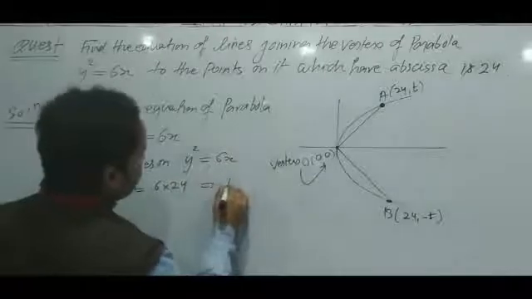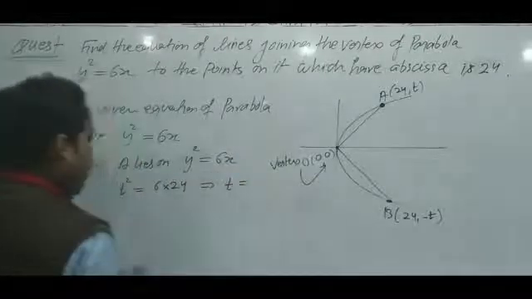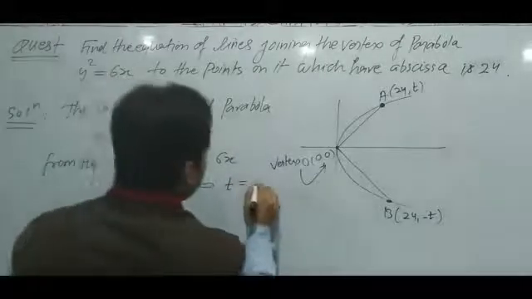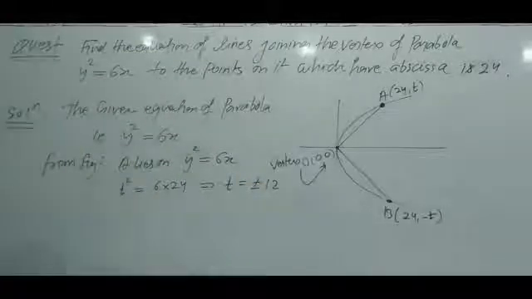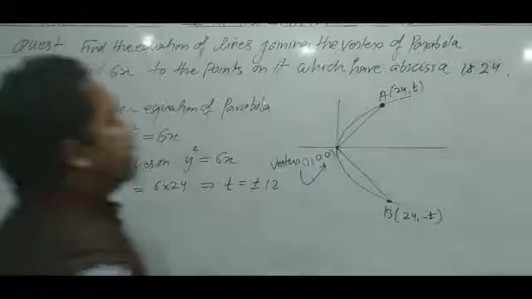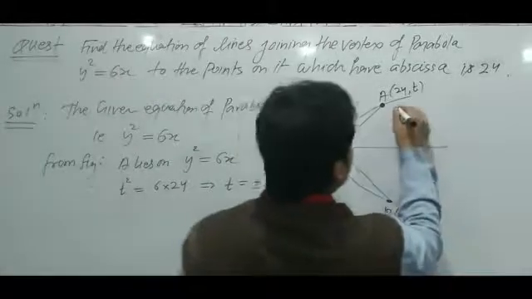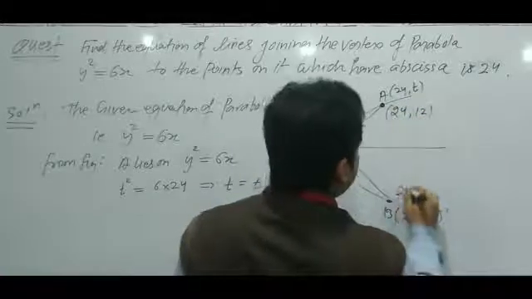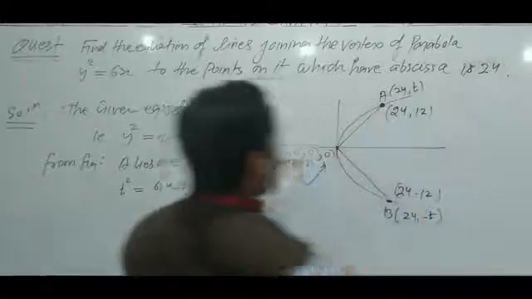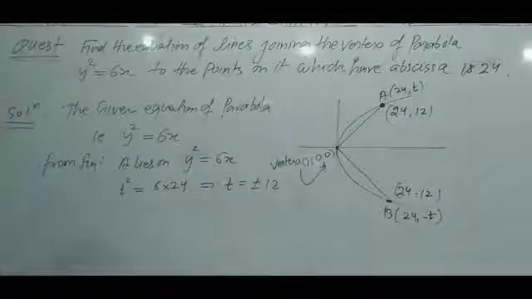This implies t is plus minus 12. Now you can see, the points are (24, 12) and (24, minus 12). So we have to find these equations.